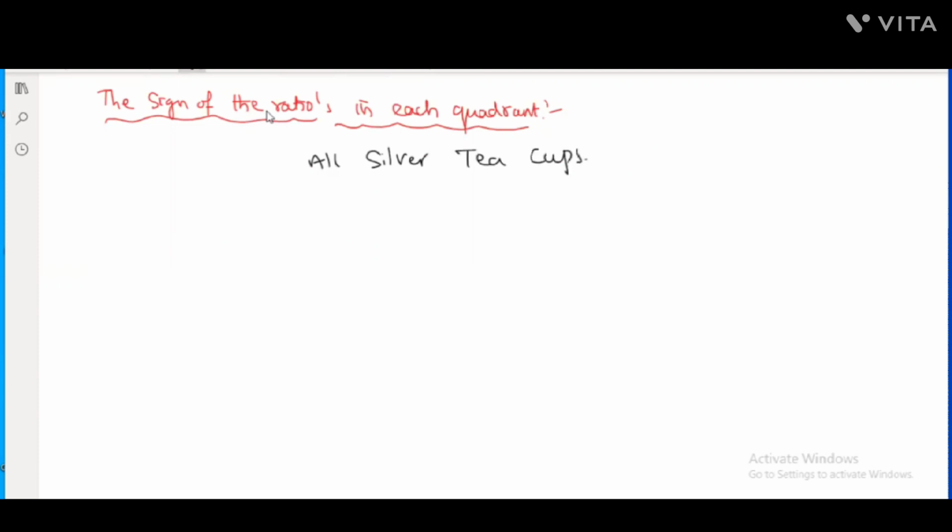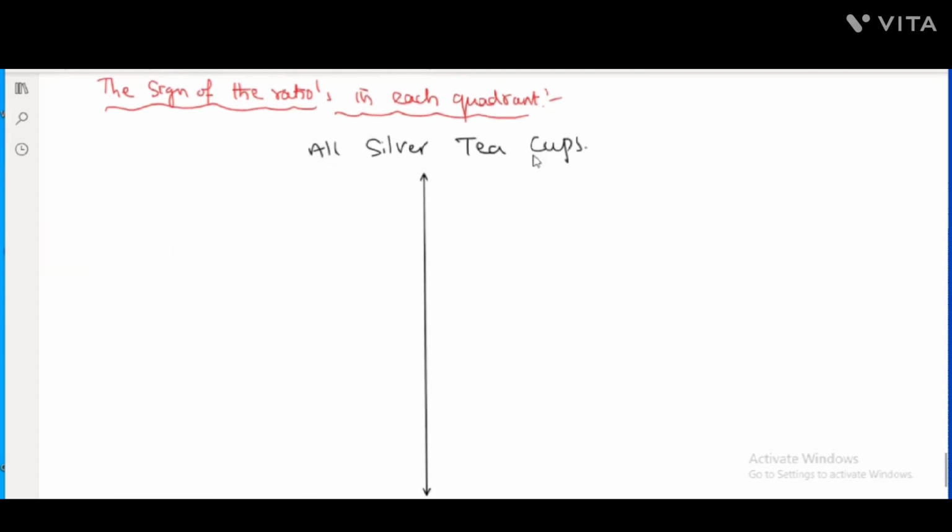In every quadrant, the first letter denotes which trigonometric ratio is positive. Generally, the first letter denotes the basic trigonometric ratio.